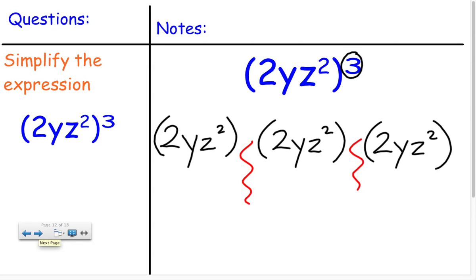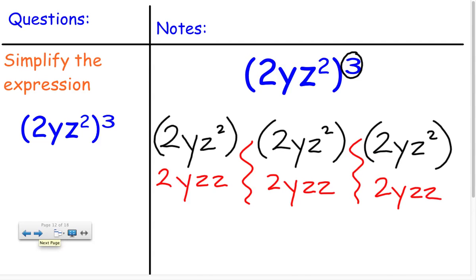So now I'm going to write out each one: 2yzz, 2yzz, 2yzz. Remember, I'm writing each z twice because z is squared. Now I'm going to take 2 times 2, which is 4. 4 times 2 is 8.